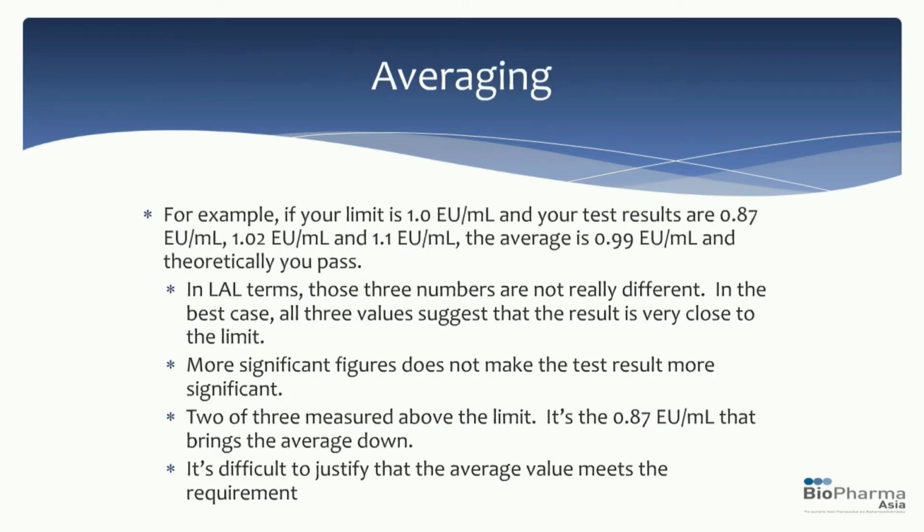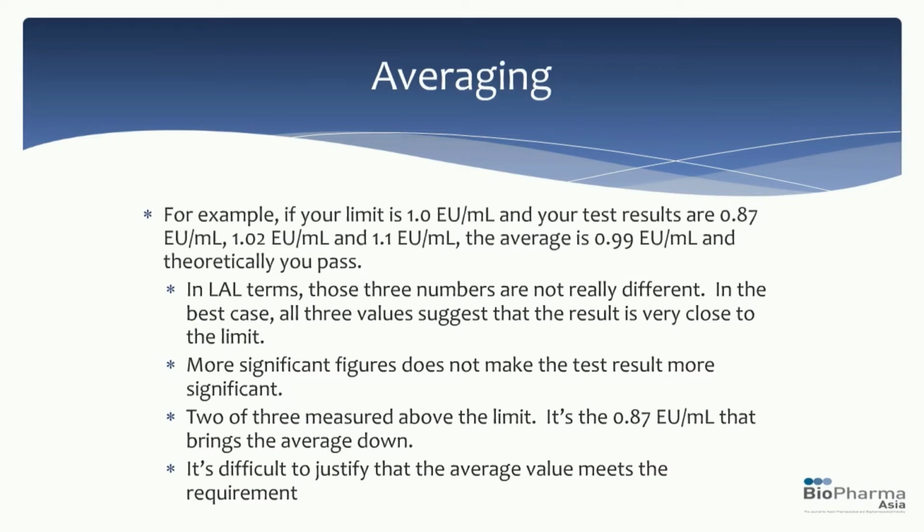So for example, if my limit is 1 EU per milliliter and I'm doing a kinetic chromogenic test, and my 3 test results are 0.87 EUs per milliliter, 1.02, and 1.1, the average is 0.99 EUs per milliliter, and theoretically we pass. But in the LAL world, 0.87, 1.02, and 1.1 are not different numbers.